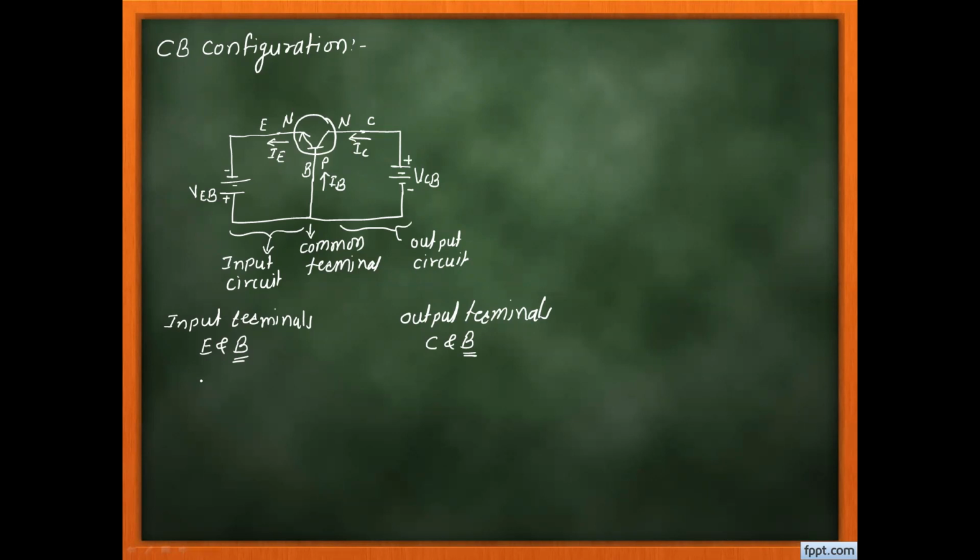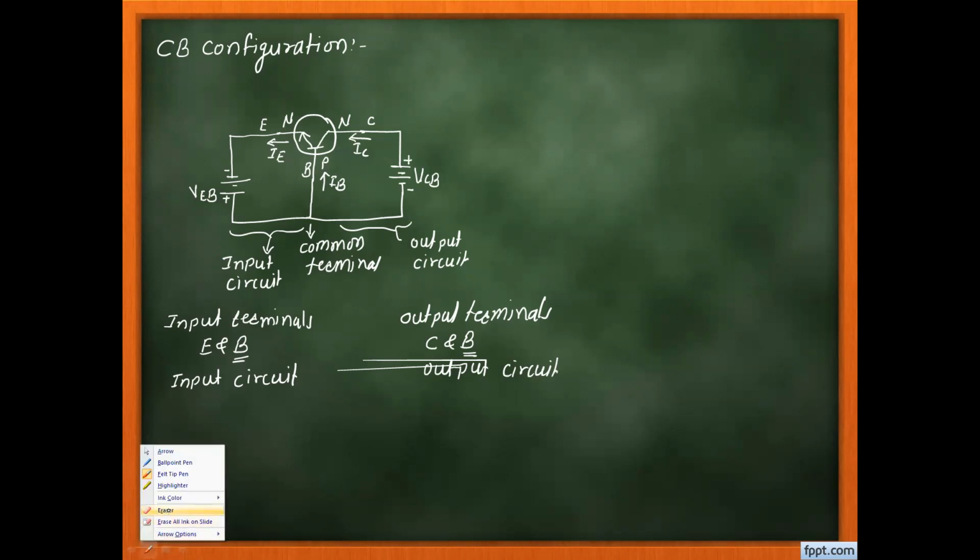The circuit between emitter and base, we call that an input circuit. The circuit connected between collector and base, we call that an output circuit. Get my point?